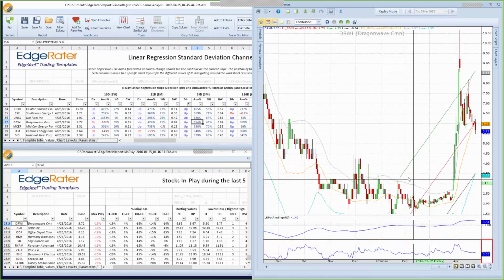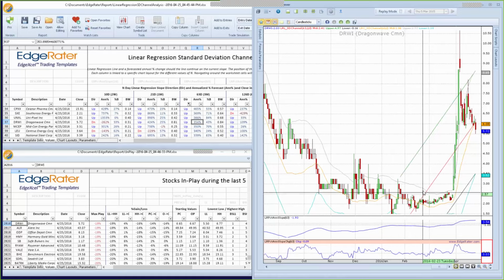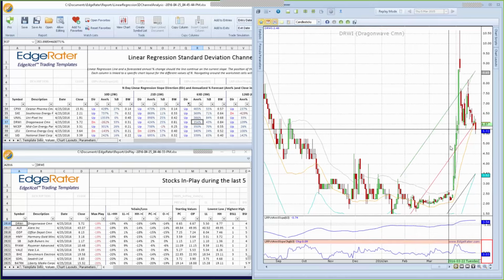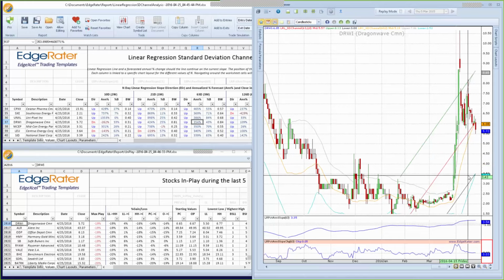It basically takes that 3-month period, figures out what the standard deviation in price is for the whole period, and then adds one standard deviation to get the upper channel line and subtracts one standard deviation to get this lower line. So if these channels are closer together, then over that period of time the standard deviation is smaller, which gives you a more consistent channel.